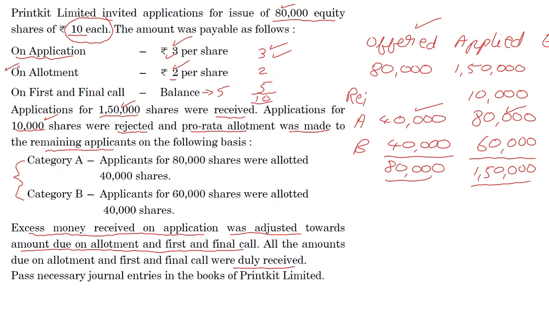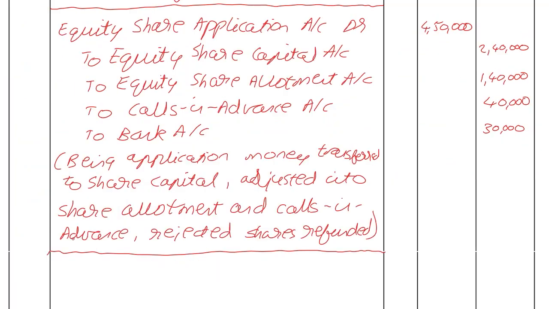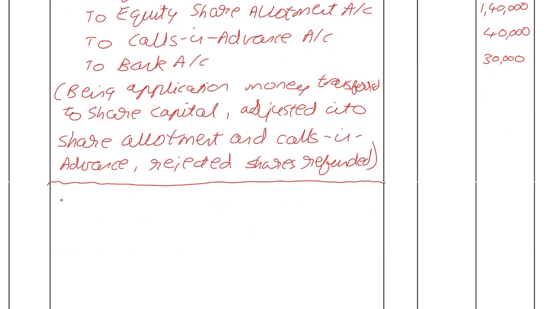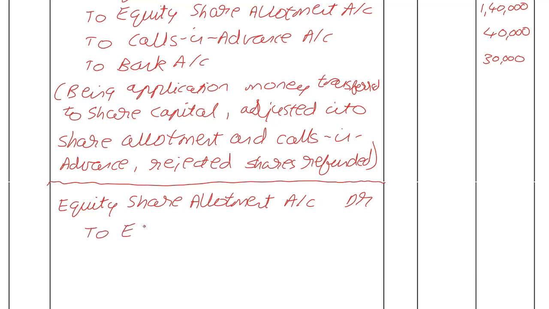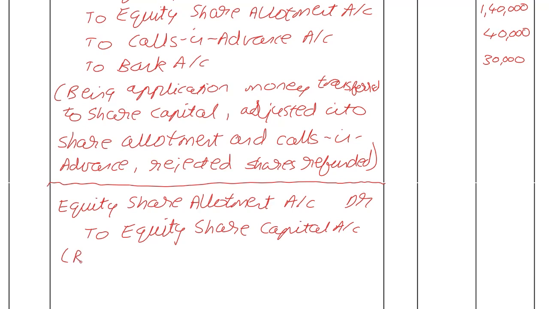Now that we are done with all of this, our next step is to ask for allotment. The allotment money is due, and that entry is simple. Remember it's equity share allotment account debit to equity share capital account, being allotment money due.